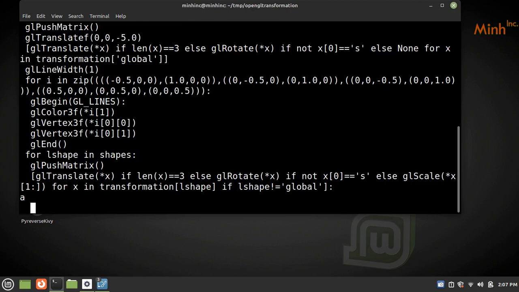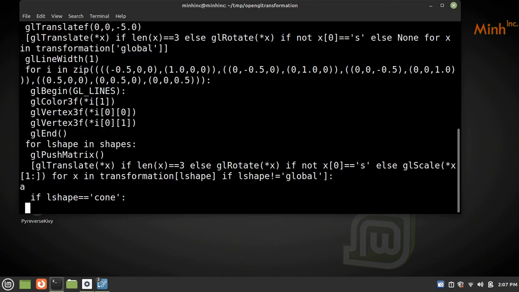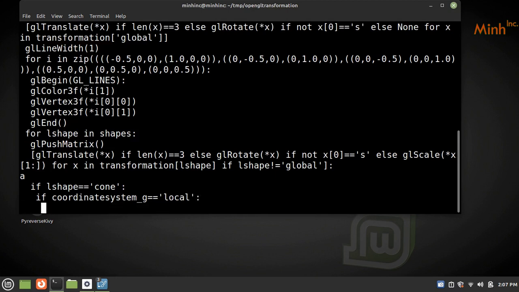Okay, so we'll proceed now. So if L shape equal to cone, if coordinate system G equal to local, so first we'll show the local glLineWidth.